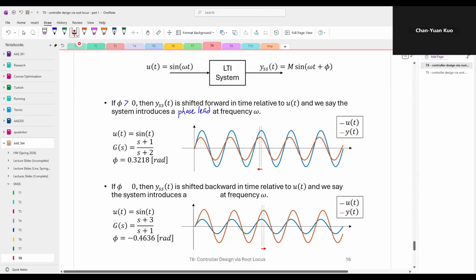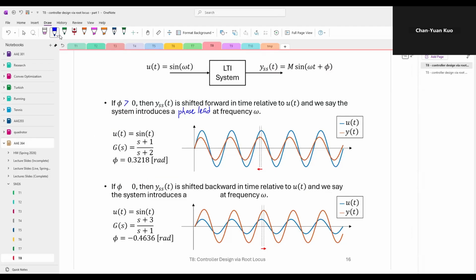For example, in the graph shown here, we can see that the output reaches its peak slightly earlier than the input, which indicates that the system introduces a positive phase shift or phase lead at a frequency of 1 radian per second.